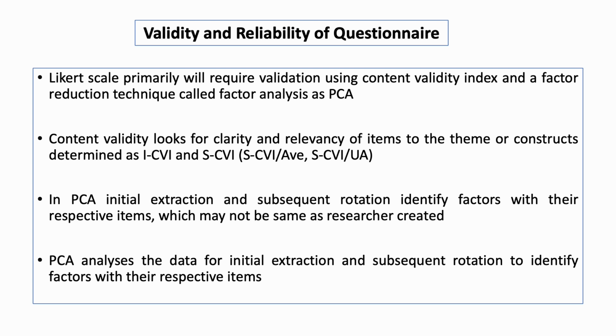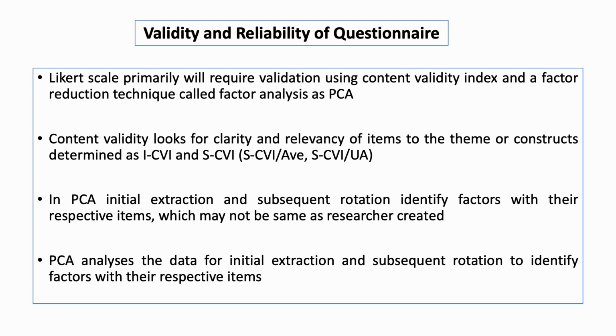SCVI then will have two components, SCVI average and SCVI universal. I'll talk about this in a little while in detail, and if time permits, I will also use one of the data sets to explain, as I have done in the synchronous session.